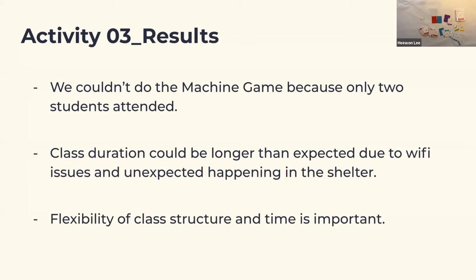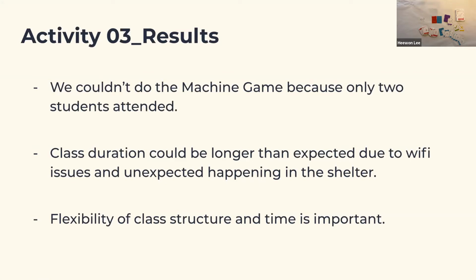I want to point out a few things that we learned from the class demonstration. Firstly, since we only had 2 students, we were not able to do the machine game, so we skipped that part. With that being said, the class structure needs flexible space to be adjusted according to the number of students.